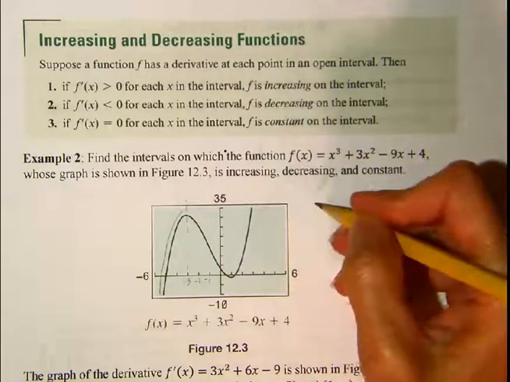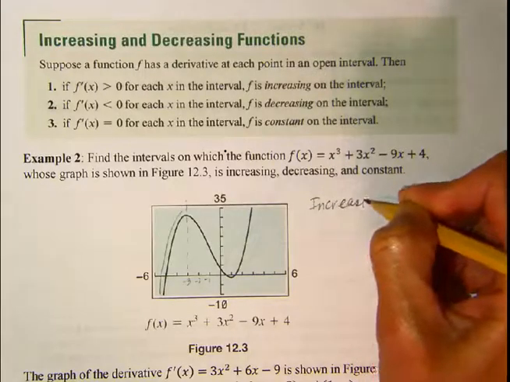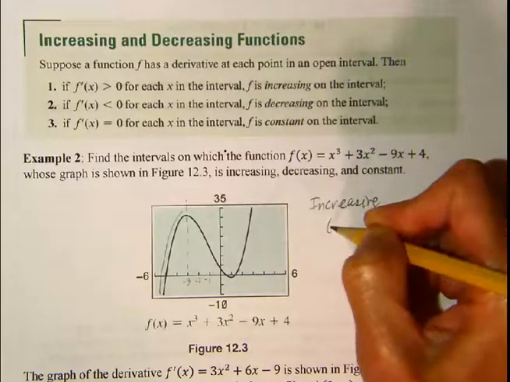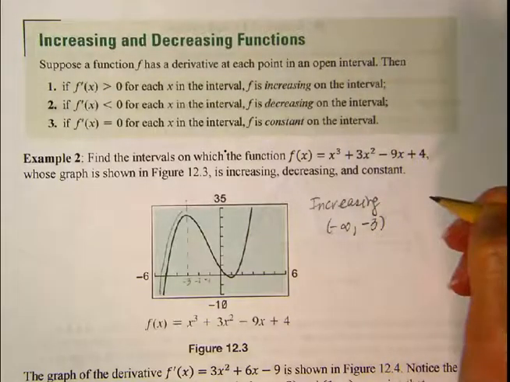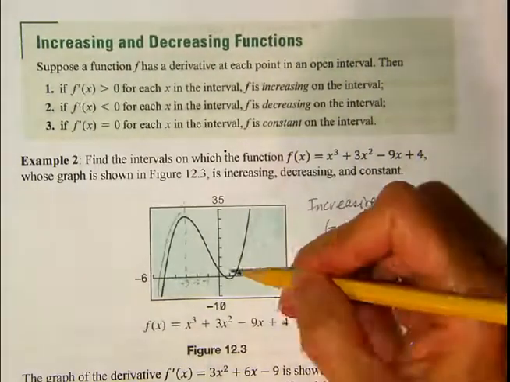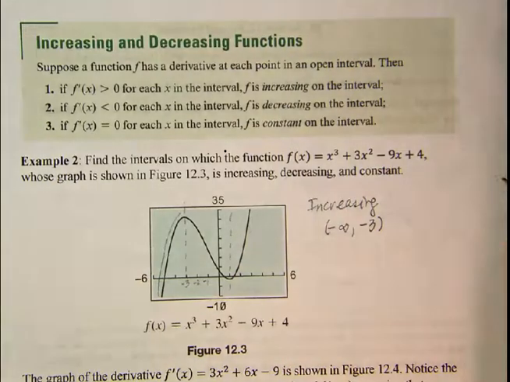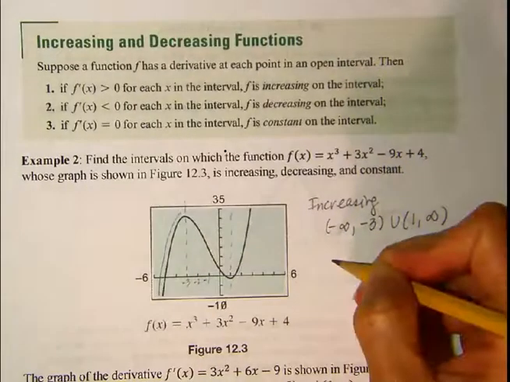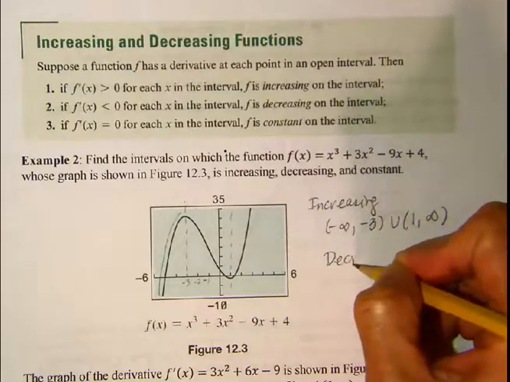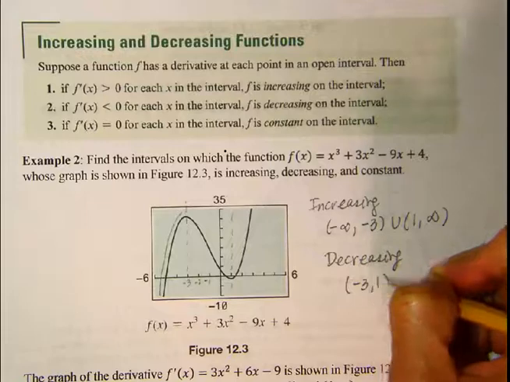And so it's increasing, looking at the picture, from negative infinity to negative 3. And then again from, this would have to be x is 1, so from 1 to infinity. It's decreasing in between those two pieces, so that's from negative 3 to 1.